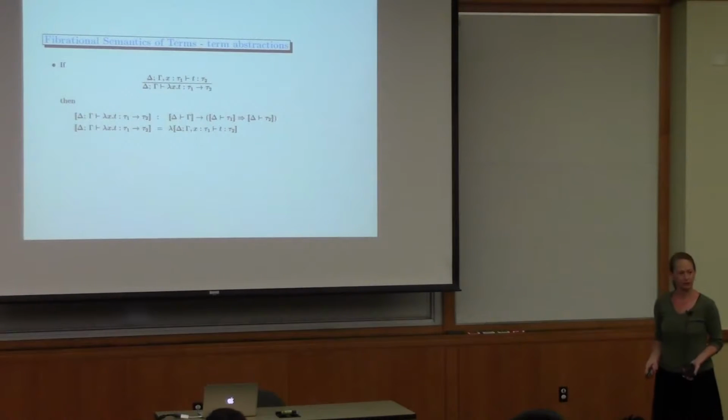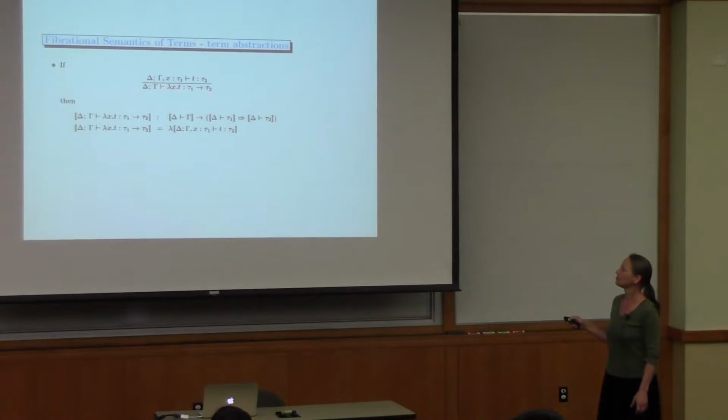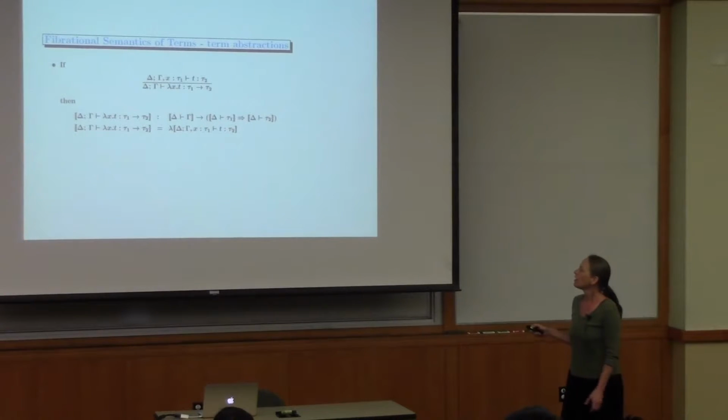What about term abstractions? So if I have a term with a little lambda, so lambda x dot t, and it's of type tau 1 arrow tau 2, I have to tell you how to interpret this. Well, it should be something that goes from the interpretation of the context to the interpretation of the return type.